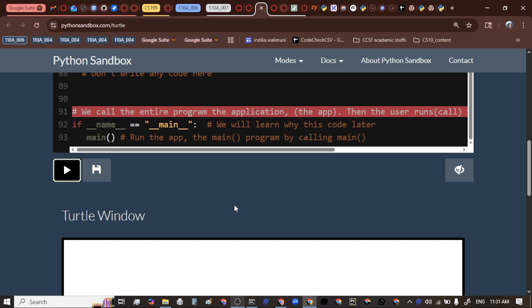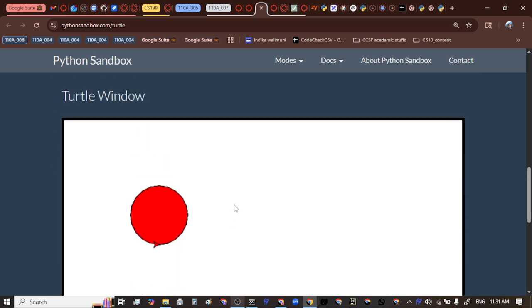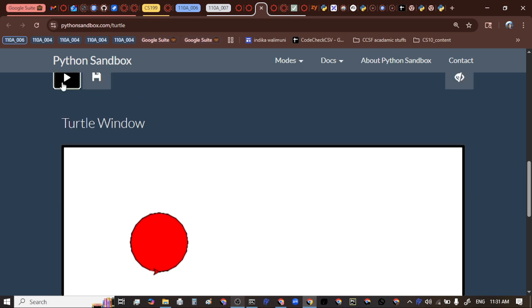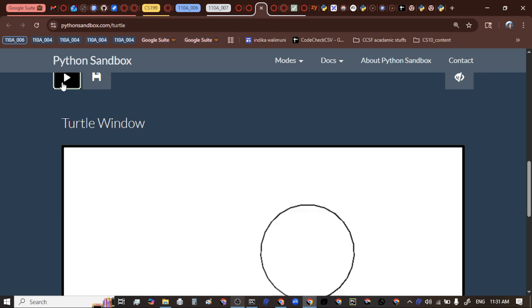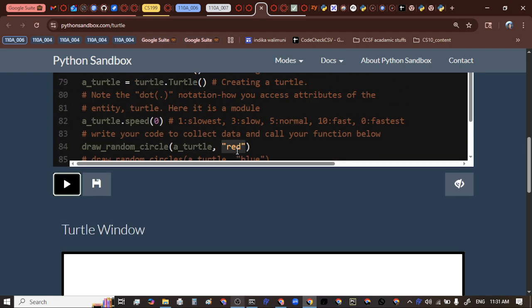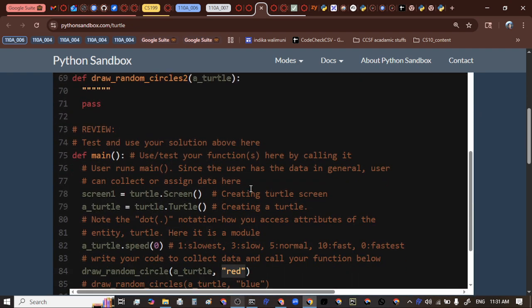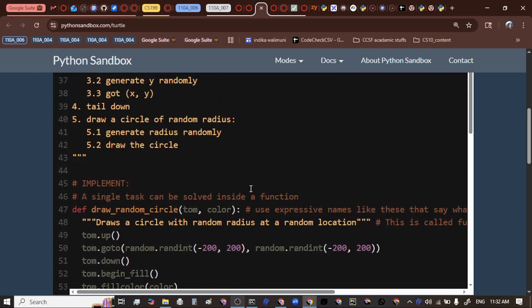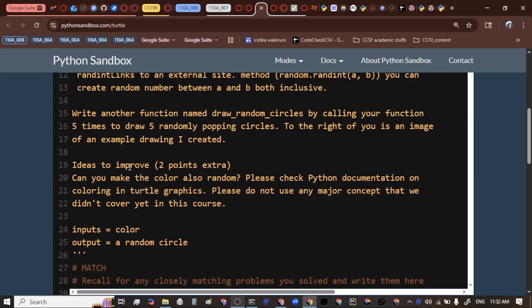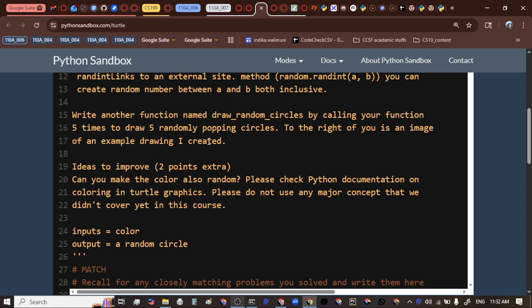So let's run this. All right, so got the one, right? If we run it again, you will see that it's randomly appearing in a random location with a random radius, right? So it's randomness working. Okay, all right. So the next part is, write another function named draw random circles, guys.